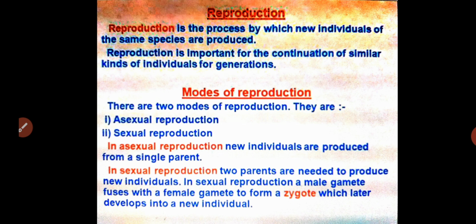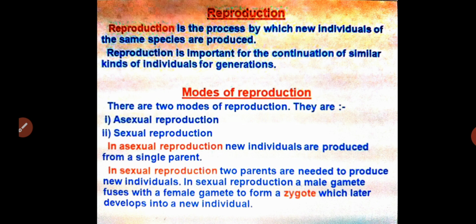Usually, students, sex cells are also called gametes. There is a male gamete and a female gamete. In sexual reproduction, fusion of male and female gametes takes place, and that forms a diploid zygote. In asexual reproduction, only a single parent is involved in the reproduction.